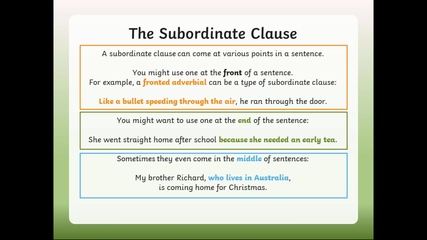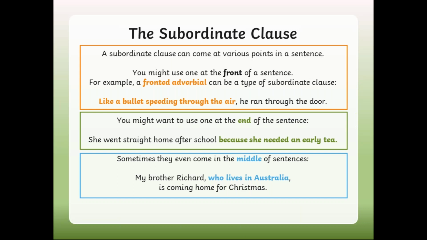The subordinate clause can come at various points in a sentence. You might use one at the front of the sentence, at the end, or in the middle. For example, a fronted adverbial can be a type of subordinate clause. For example, like a bullet speeding through the air, comma, he runs through the door. So focus on the punctuation, as I said before.